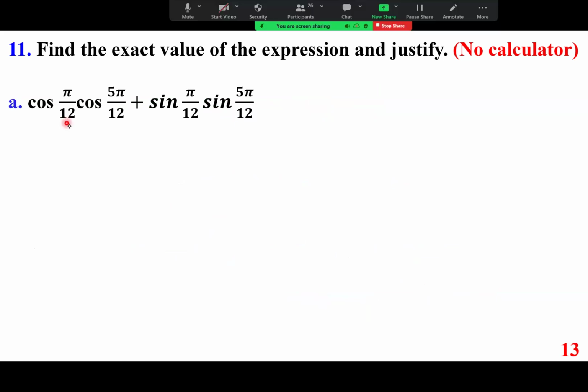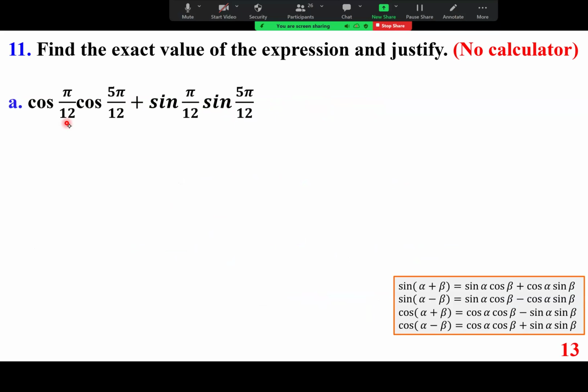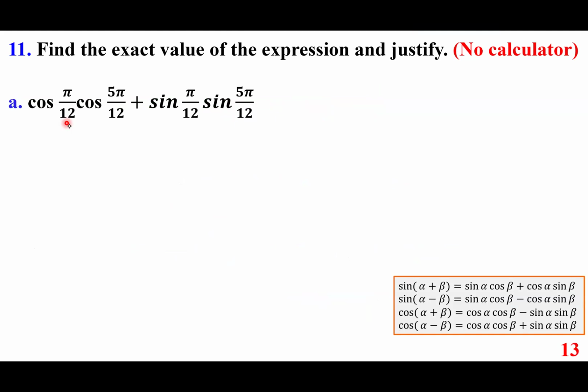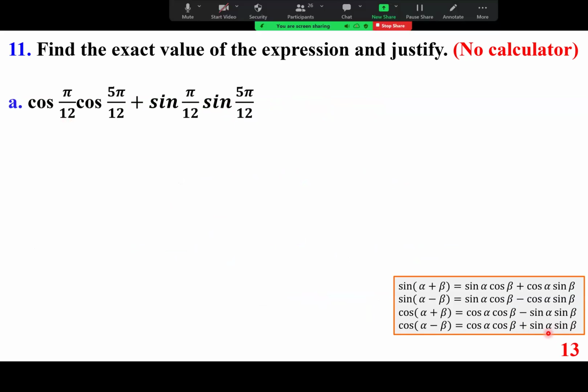Cosine of pi over 12, cosine of 5 pi over 12 plus sine of pi over 12, sine of 5 pi over 12. And we remember the sum and difference formulas. This is clearly following cosine alpha cosine beta plus sine alpha sine beta, which is cosine of alpha minus beta, cosine of pi over 12 minus 5 pi over 12. And the difference is negative 4 pi over 12.